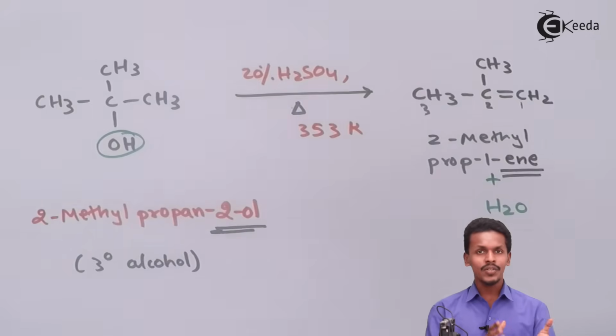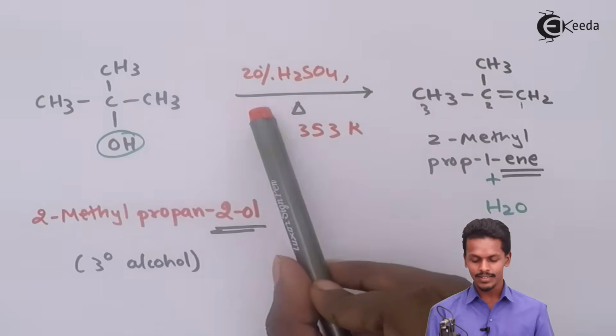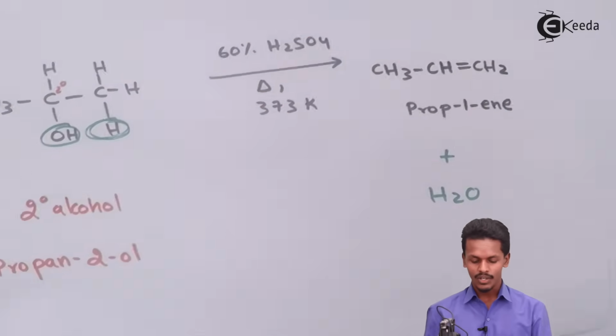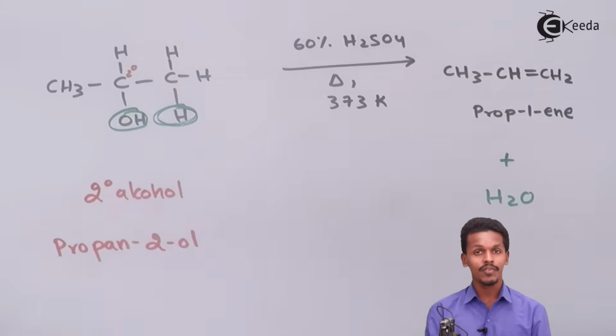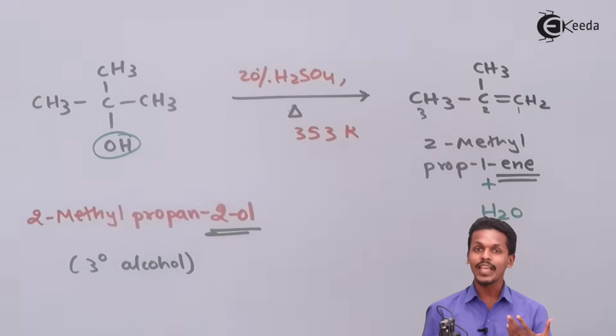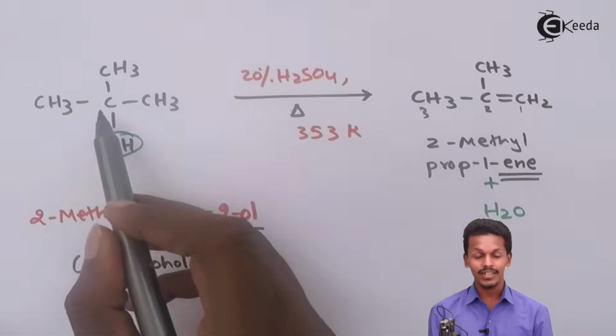So coming back to the theory, observing this concentration, it is 20% for tertiary alcohol, for secondary alcohol it was 60%, and for primary it was 95%. The reason behind that is the elimination of the OH group from this molecule is much easier when it is tertiary.